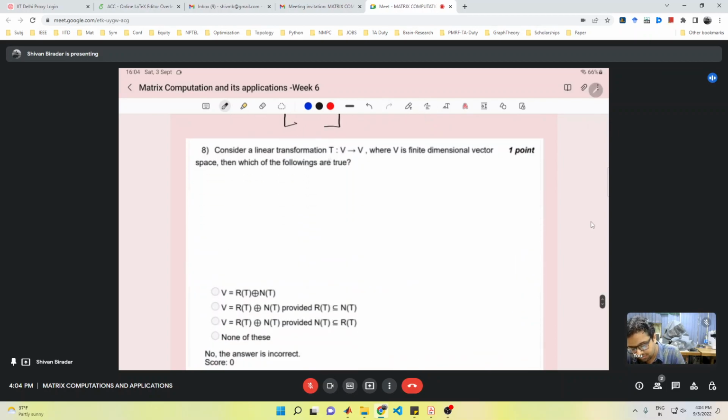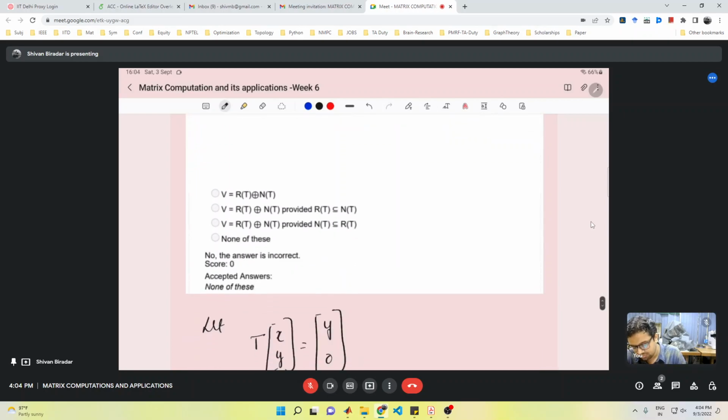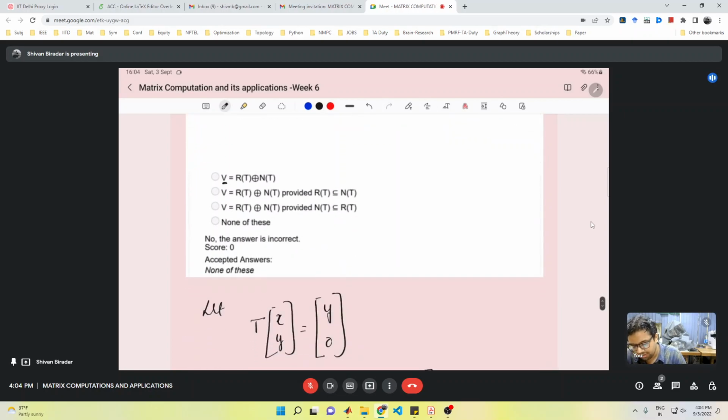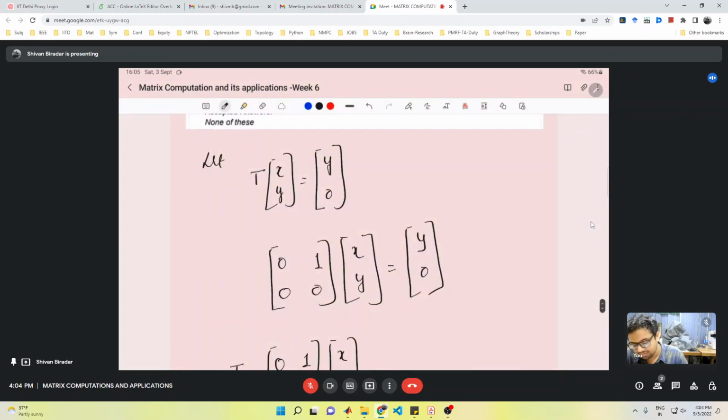Now let us consider a linear transformation T, where V is a finite dimensional vector space. We have to see which of the following is true. So V, the finite dimensional vector space V, is direct sum of range space of T and null space of T. Or we have to see whether this is true or this is true. So let us take a transformation T, which when operated on this vector xy, gives us y0.